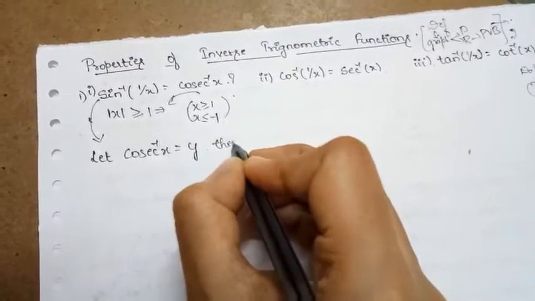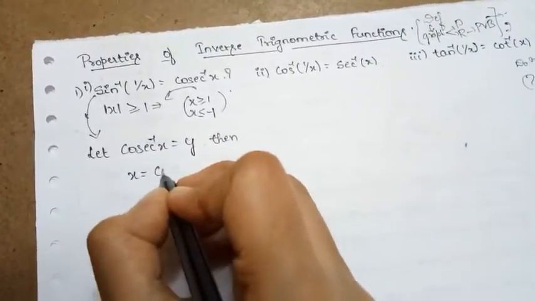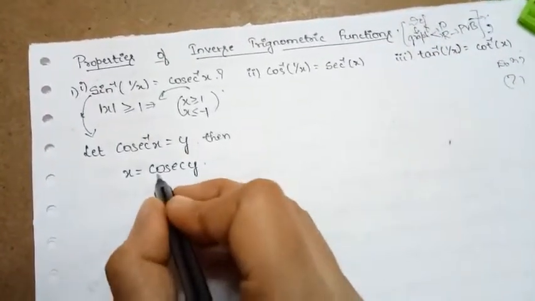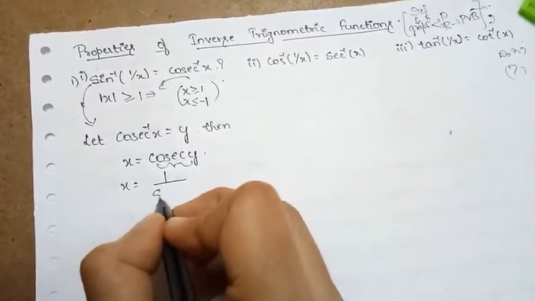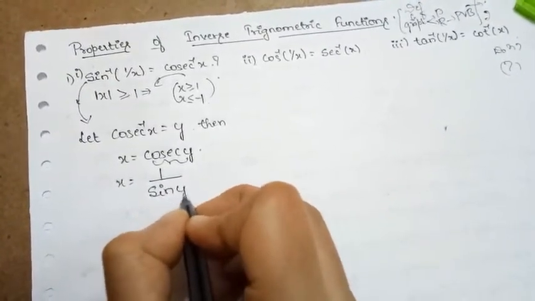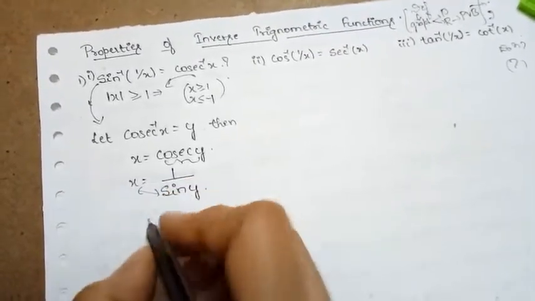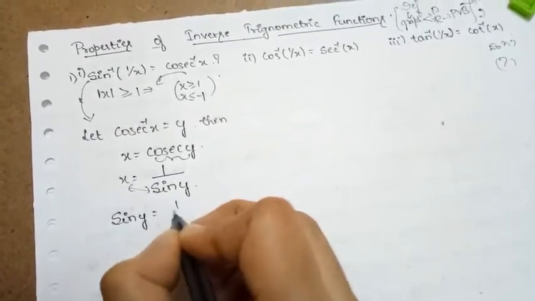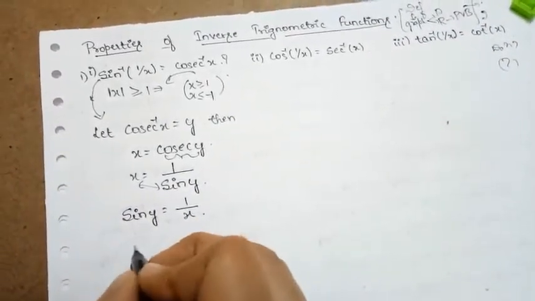If cosecant inverse of x is equal to y, then x is equal to cosecant y. We know that cosecant y is nothing but 1 by sine y. Now interchanging the LHS and RHS, sine y is equal to 1 by x.